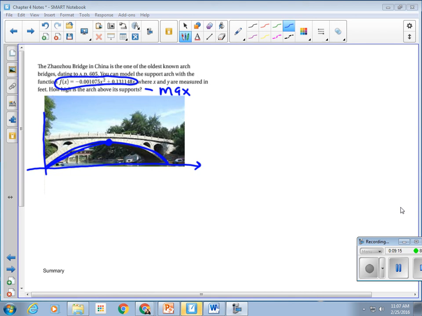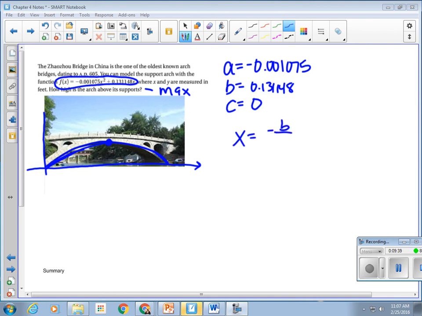So we're going to take our function and identify a, b, and c. C is an easy one, it's 0. A is the number in front of the square, and b is the number in front of the x. To find the maximum value, we're just going to plug a and b into our negative b over 2a, and then we're going to plug that value into our function.